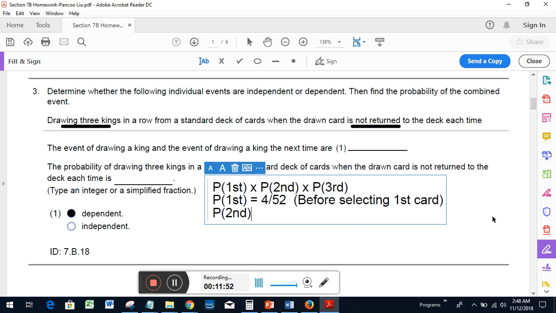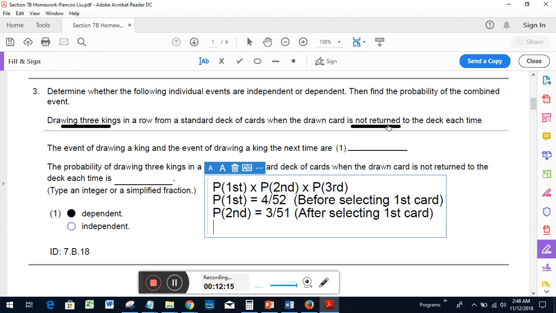Now, your second probability, this is after you finish selecting your first card. So remember, we're not returning the card back to the deck, so we will only have 3 kings out of 51 cards left. And again, this is after selecting your first card. So then the probability of your third card is after selecting your second card.